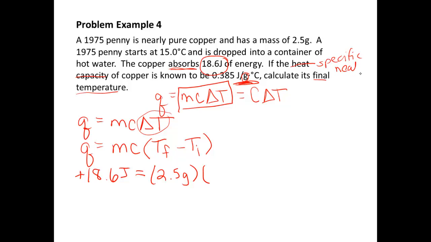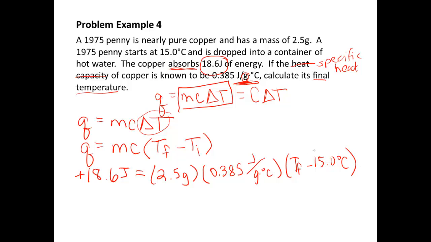So that's okay with me if you're not sure what it's called, as long as you know how to use that little c or big C. So we have our specific heat, and that is 0.385 joules per gram degrees Celsius. And we're calculating our final temperature, and our initial temperature was given to us as 15.0 degrees Celsius.